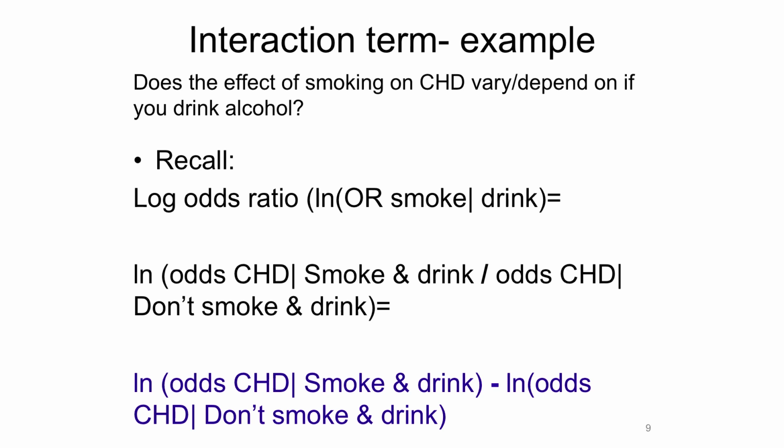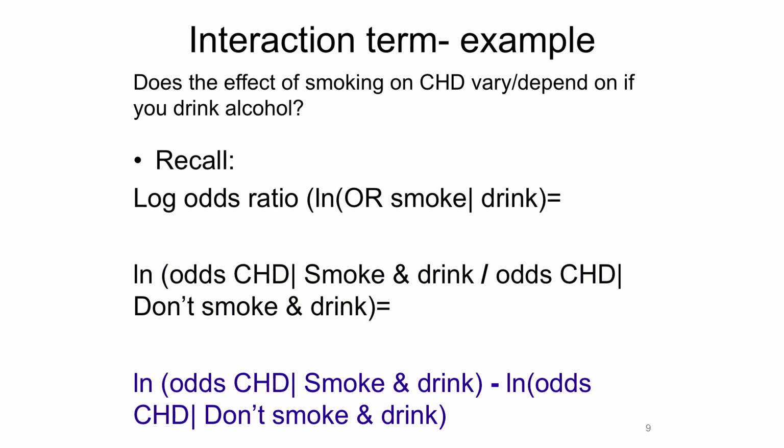First, let's look at the drinkers stratum. Recall that we calculate the log odds ratio by dividing the odds of CHD for smokers who drink by the odds of CHD for those who don't smoke but drink, and then taking the log of this.